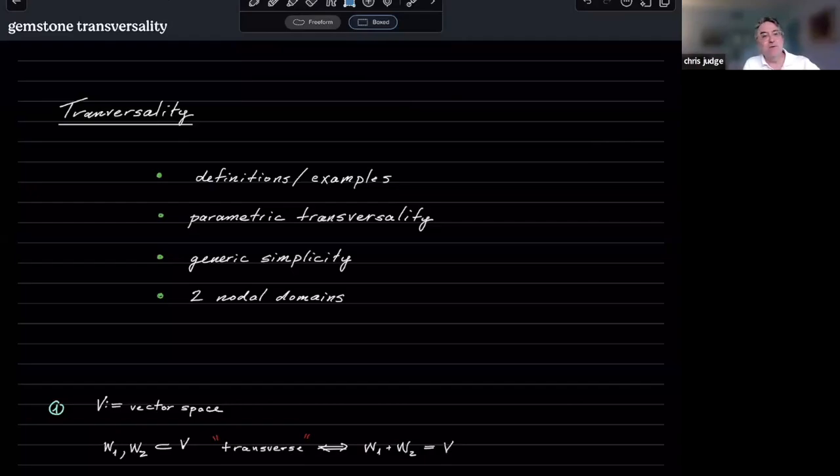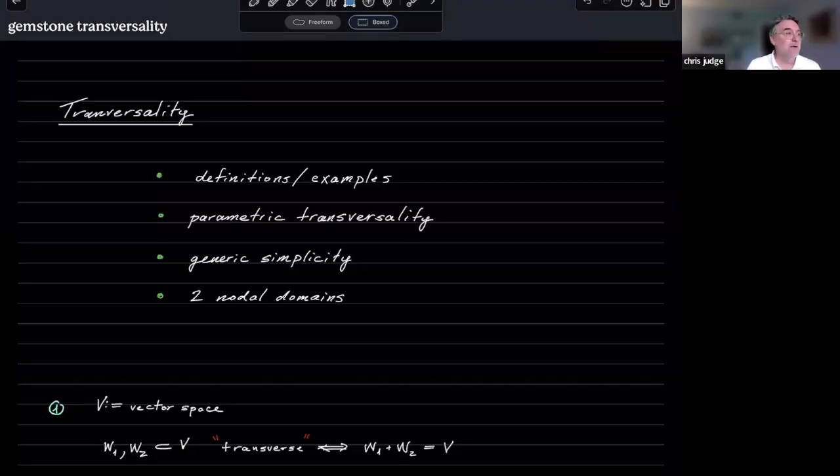Today I want to move into a different topic. It's very different than what I spoke about in the first two lectures in a way, but it also is similar in the sense that those examples I gave about two-parameter families of operators were sort of a transition into this newer topic.